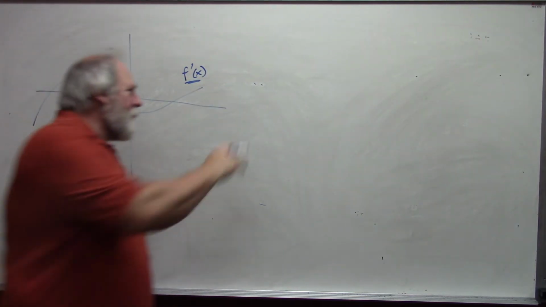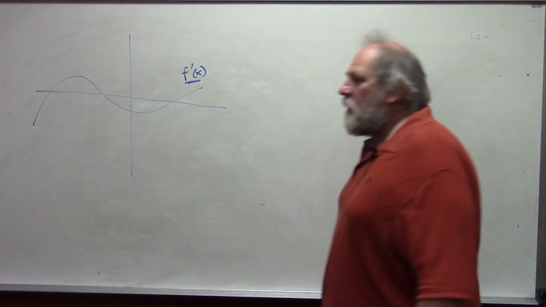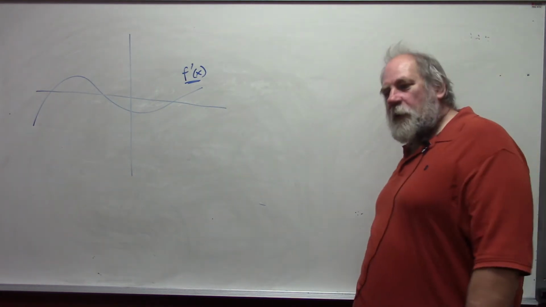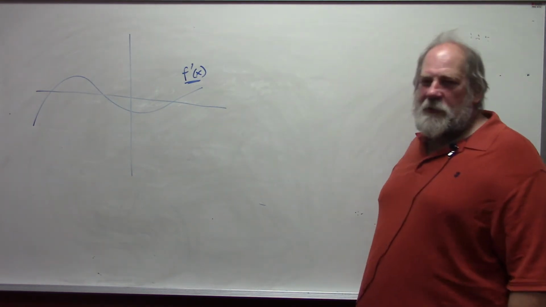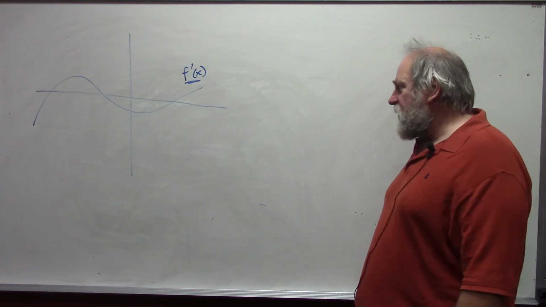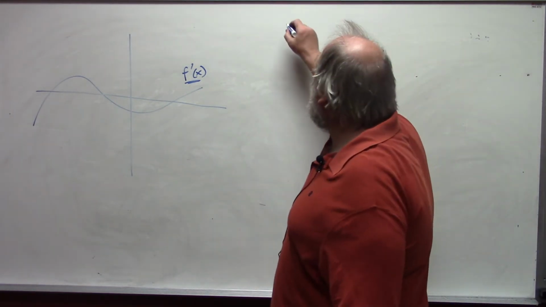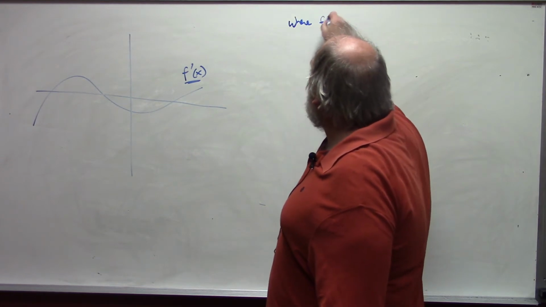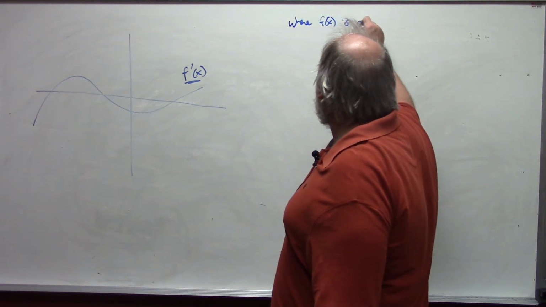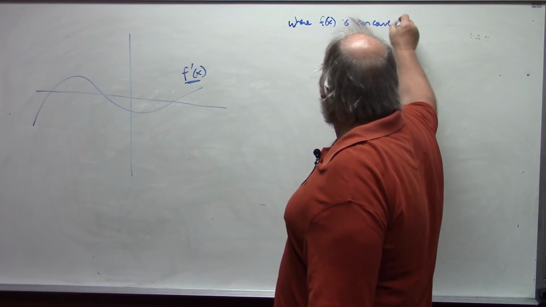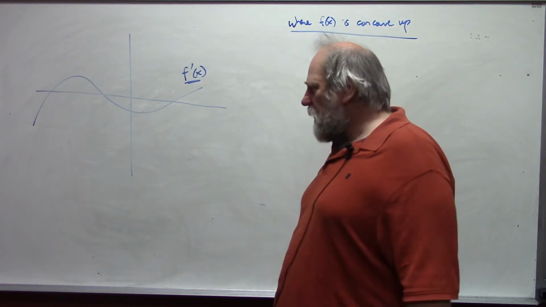And just like we used the graph of f prime to tell me where the original function was increasing and where I had relative max and relative min, I can use the graph of f prime to tell me where f of x is concave up and also concave down.